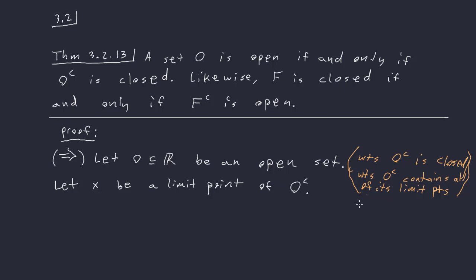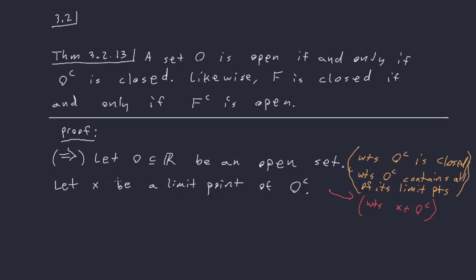And then from here we want to show that this X is in O complement. So we want to show X is in O complement, and that will prove that O complement is closed.